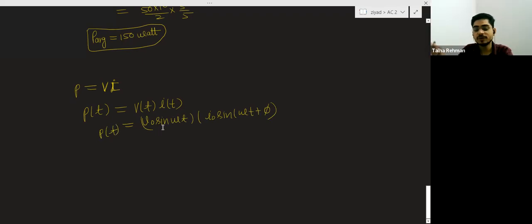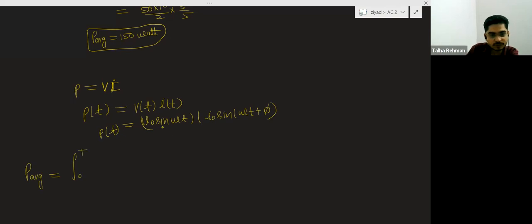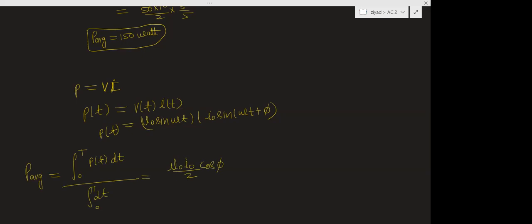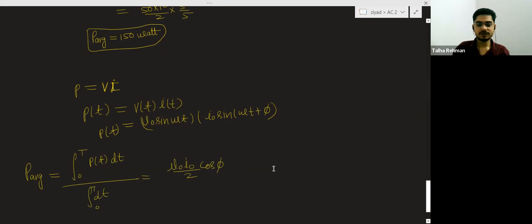Now you want to find the average power. There are two methods. The first method is very lengthy: you have to do the integration like this, then you will get the result V naught I naught by 2 into cos phi. You can see this result in your notes. There is another method that I will tell you tomorrow.